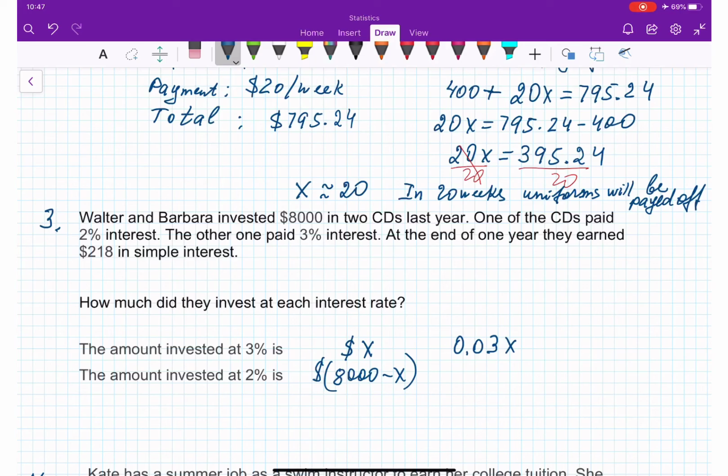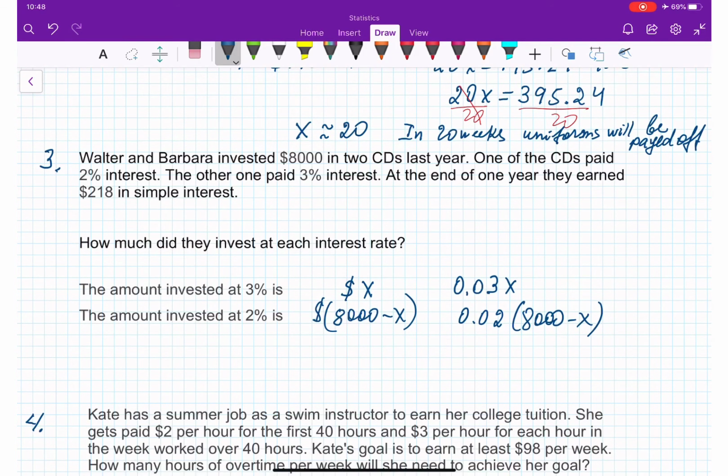And how much profit will be made at 2%? It's going to be 0.02 times 8,000 minus x. All right, and the total per year, it makes $218 total, which means I can put 0.03x plus 0.02 times 8,000 minus x is equal to $218.